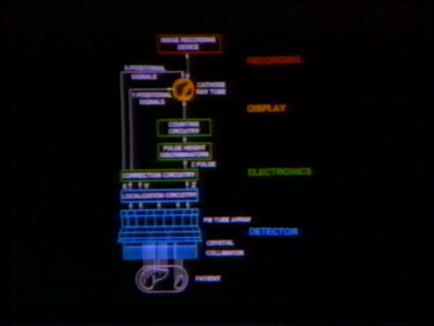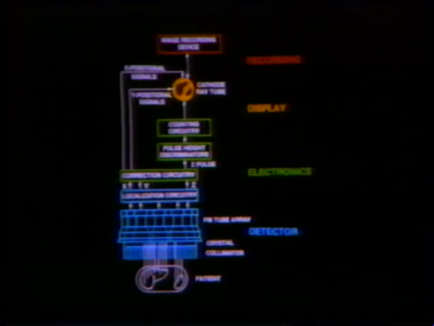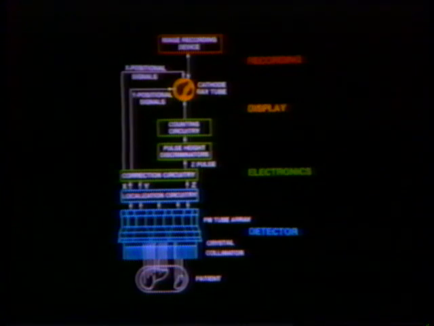A counter is incremented, and a dot is placed on film corresponding to the location where the photon interacted with the crystal. In this way, an image is created out of thousands of dots representing the distribution of the radionuclide in the patient's body. By examining these images, the nuclear physician can determine how the organ under study is functioning and can detect the presence or absence of disease within the patient.